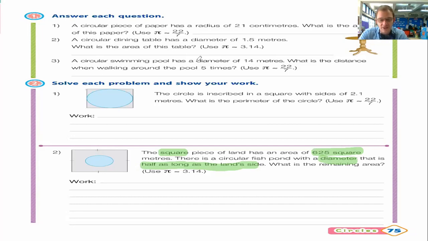Because we need to find the size of an area. So if you want to calculate the square root, what will we do? Interesting question. We need to get the side. So we need to find the square root of 625.